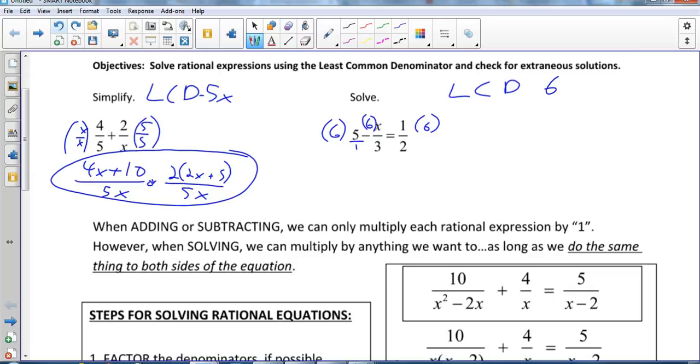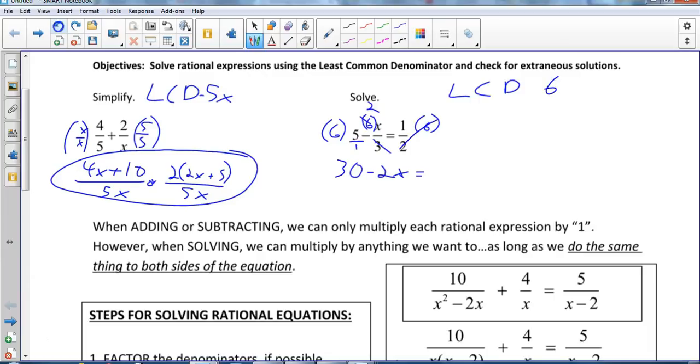So I have 6 times 5, which is 30, divided by 1, is 30. I'm going to have minus 6x divided by 3, which, if you want to, you can simplify in one step and say 3 goes into 6 2 times, so minus 2x. Either way you want to do it. If you want to take 2 steps or 1 step, that's fine.